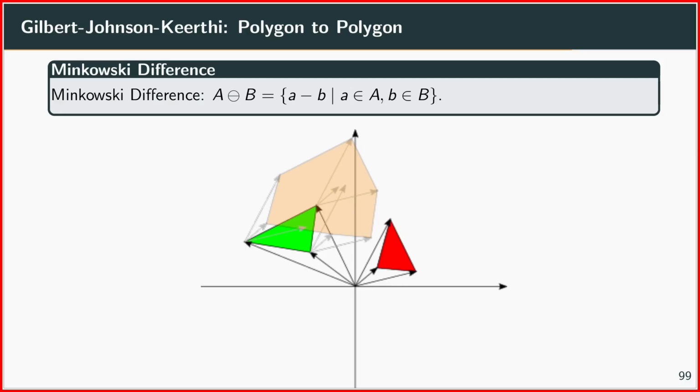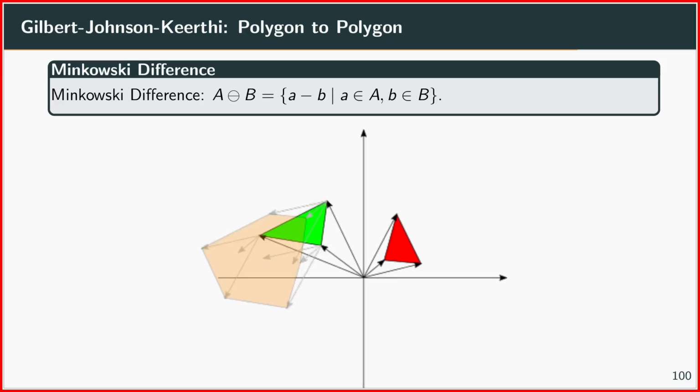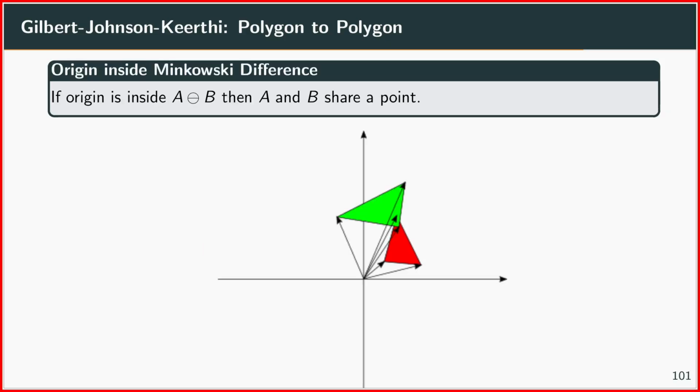This would create the Minkowski sum. Now to create the Minkowski difference, we just take the minus here. You see here for each point on the green triangle, we subtracted all the points on the red triangle. You can see here the vectors for the red triangle are just the minus vectors attached to the green point. And so this creates the gray area of the Minkowski difference.